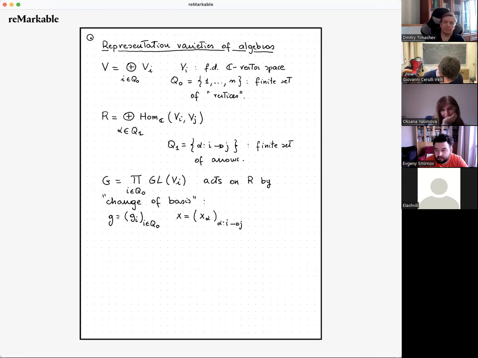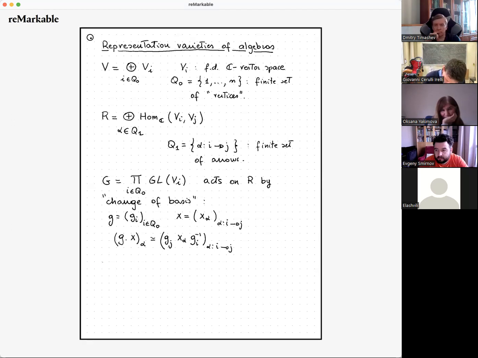So if g acts on x, the alpha component of this action is just g_j x_alpha g_i inverse. Very simple, very natural action to study.